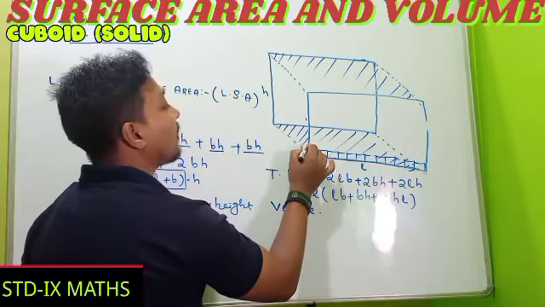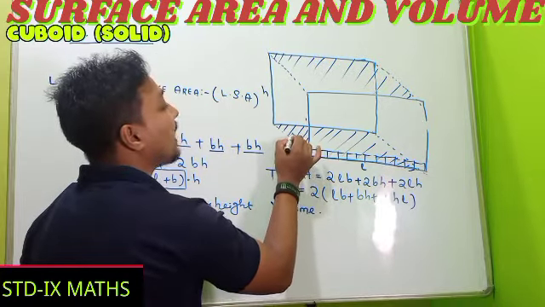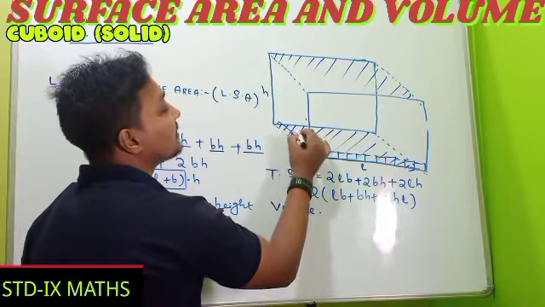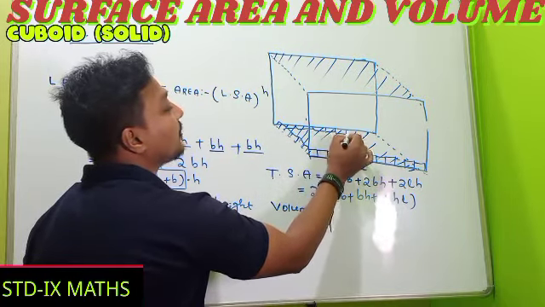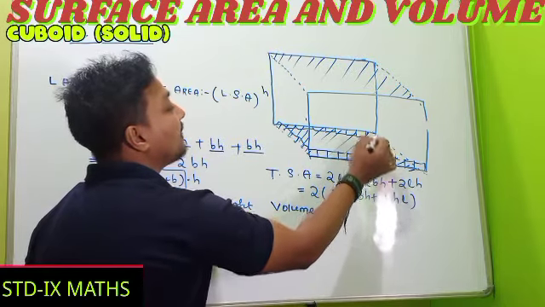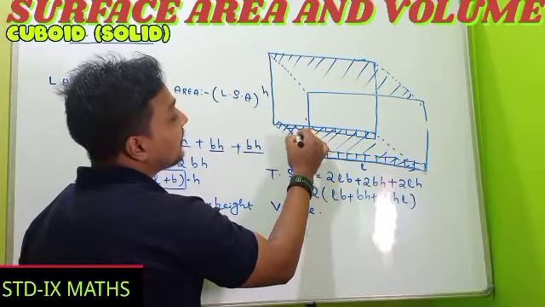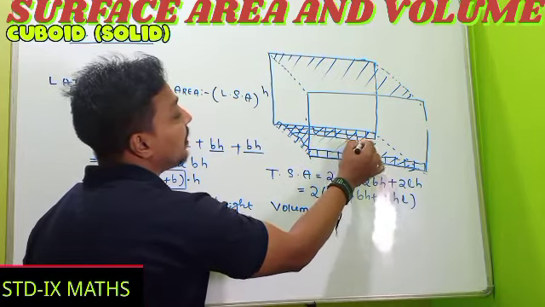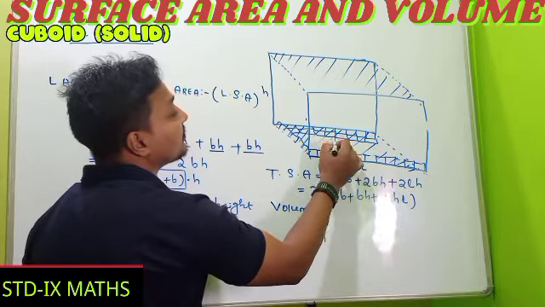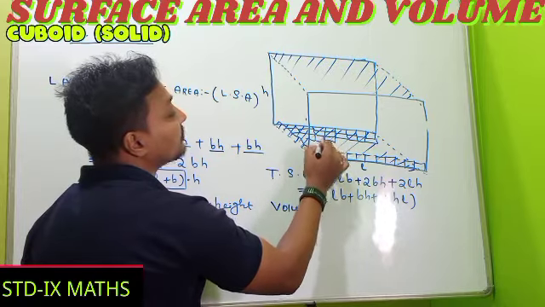all are cubes. See, all are cubes. So first I will check how many cubes can completely fill the base level of the cuboid.